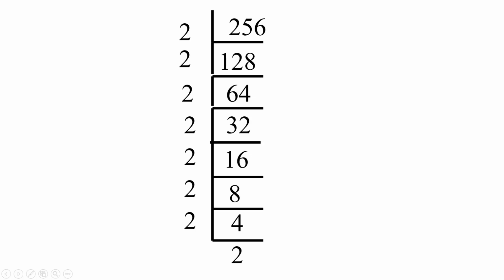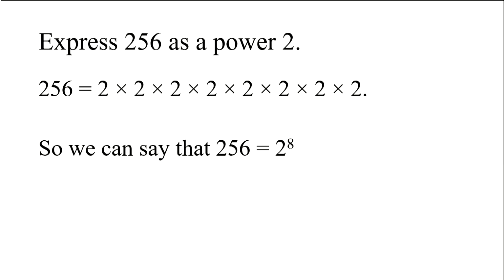That means here the base should be 2. For that, we have to divide 256 by 2. It is going to be divided 8 times. Therefore, the exponential form of 256 is 2 to the power of 8. Is it understood?